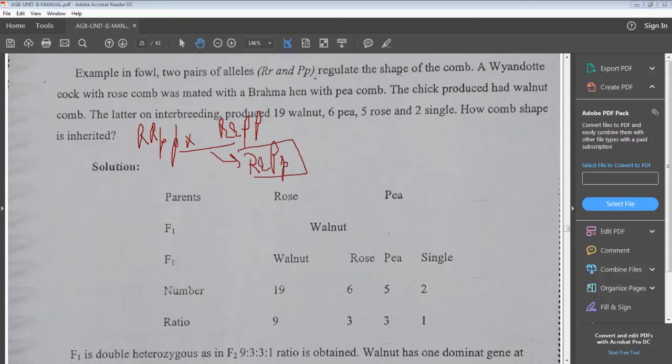Okay, so he is having capital R and capital P. So both of the genes, if they are together, they'll form the walnut.